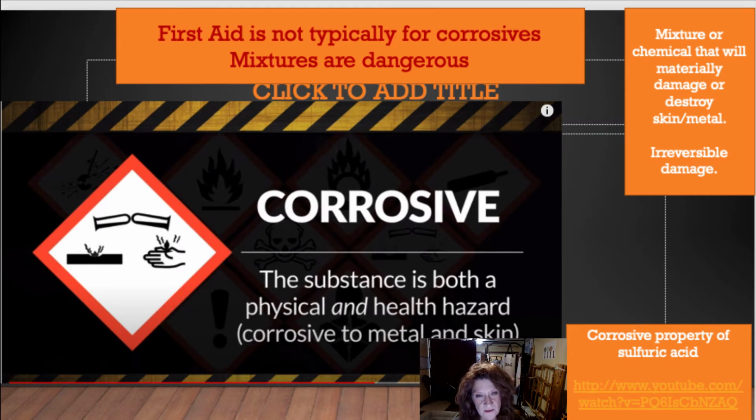So corrosives, something you really got to think about is what a corrosive is. First, whether it's an acid or a base, because first aid is not typically the same with an acid as it is with a base. And there are certain chemical agents that you use so that somebody will not get burned if they are unfortunate enough to be splashed.